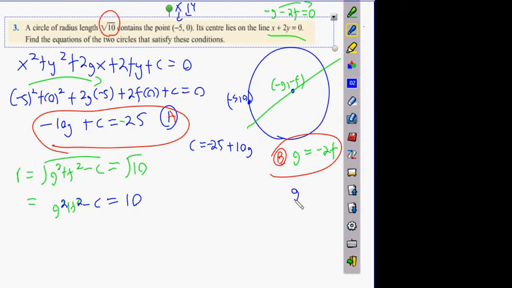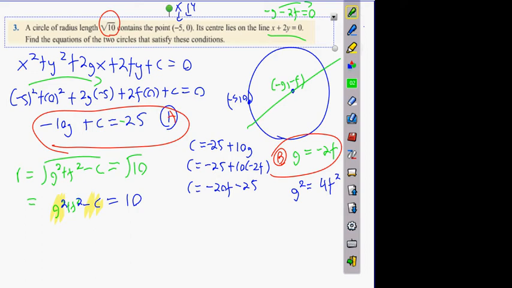So g² will be 4f². Okay? And this here will be c = -25 + 10 times -2f, c = -20f - 25. I can now replace these parts. I can replace c and I can replace g² in the quadratic equation.